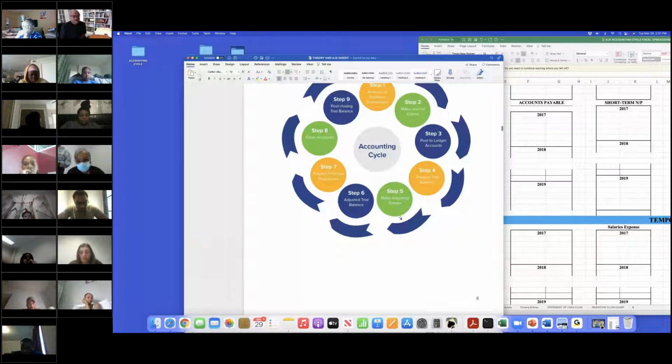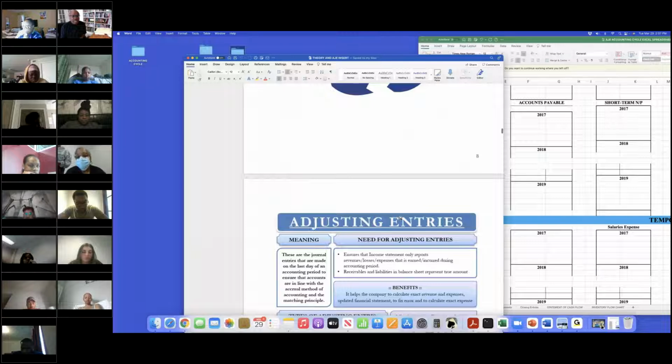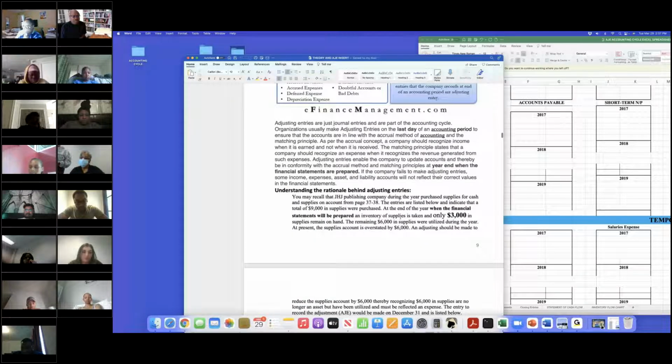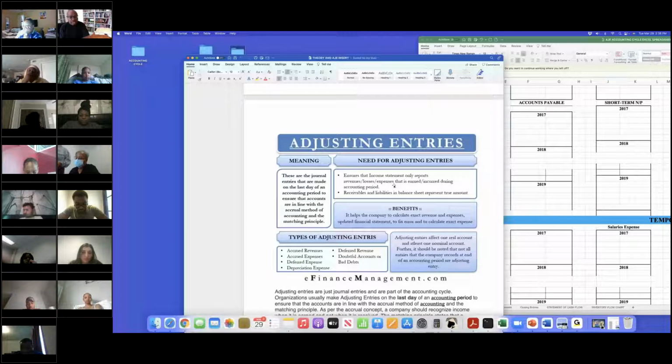Okay, so with adjusting entries, a couple of things we said. We make them to ensure that the matching principle is occurring whenever there's income that's been earned. We record that, and then we record all the related expenses.